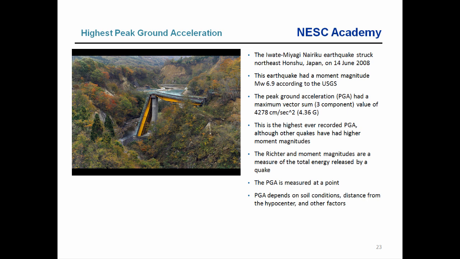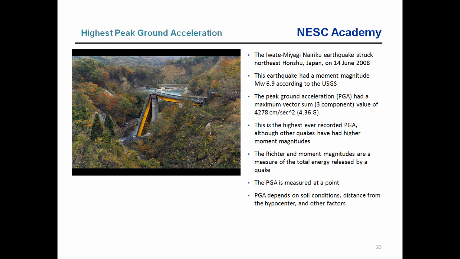This one had a moment magnitude of 6.9 according to the U.S. Geological Survey. And this earthquake is significant because it had the highest peak ground acceleration ever measured. And the 3-component value was 4.36 Gs. So even though other earthquakes have had higher moment magnitudes, this one has caused the highest peak ground acceleration.